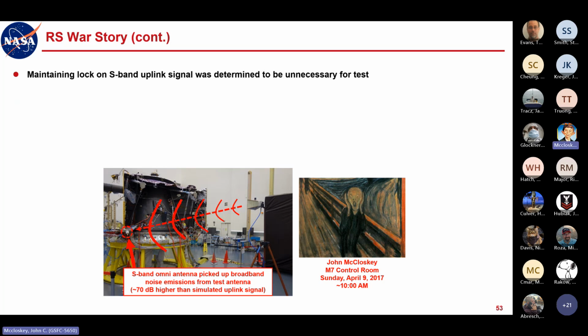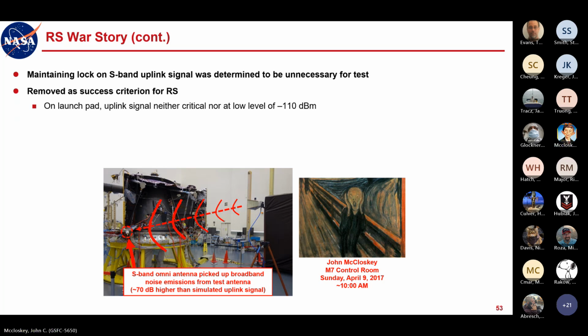But once we were able to settle in and ask, okay, what are we going to do about this? We saw that maintaining lock on that S-band uplink signal was determined to be unnecessary for the test. It was an unnecessary success criterion for the test.